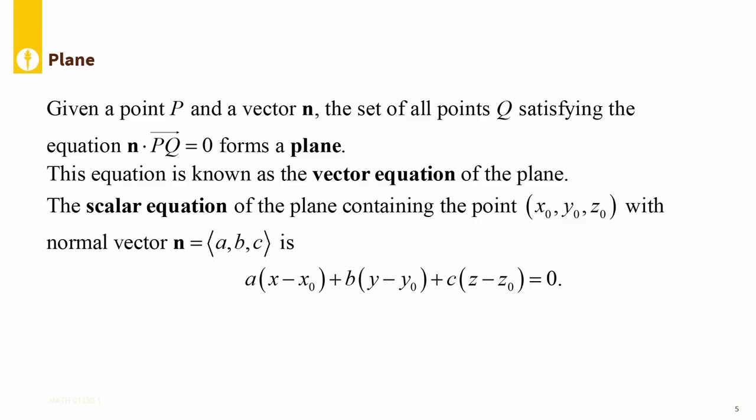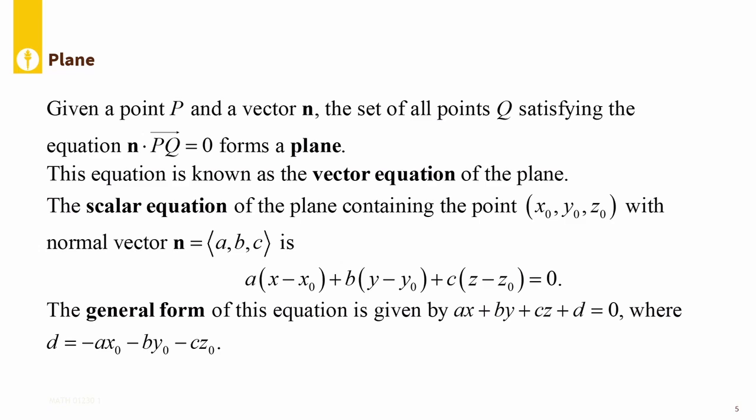Then we have the general form of a plane. ax plus by plus cz plus d is equal to 0, where d is negative ax0 minus by0 minus cz0. And there is one more equation.